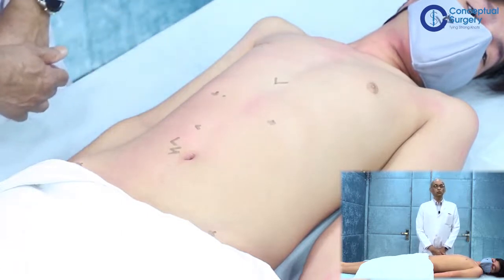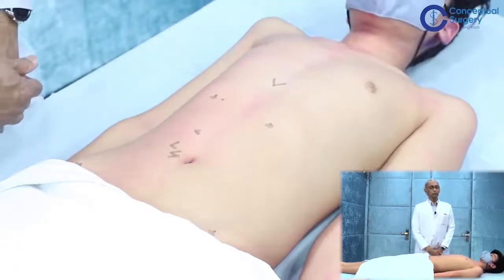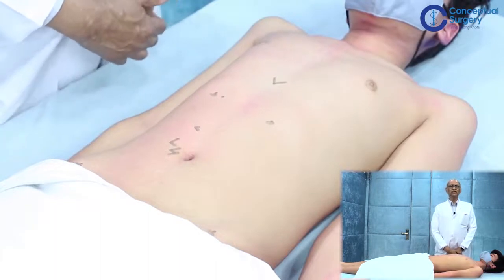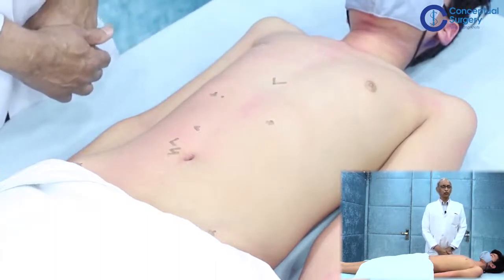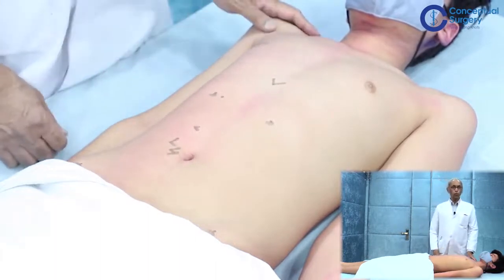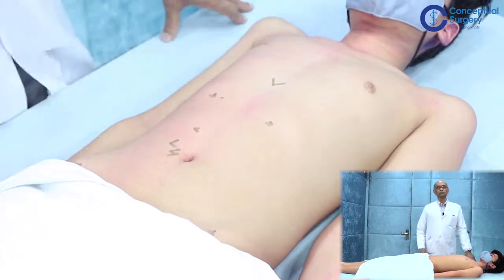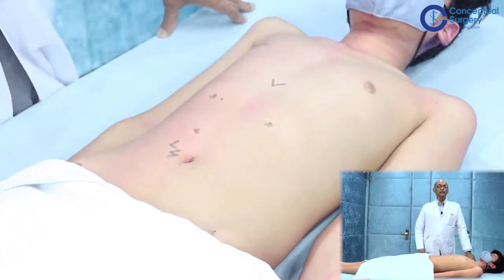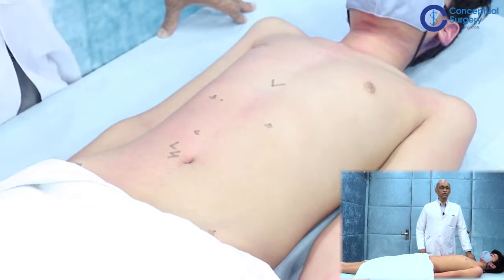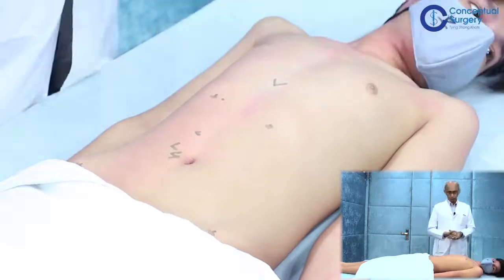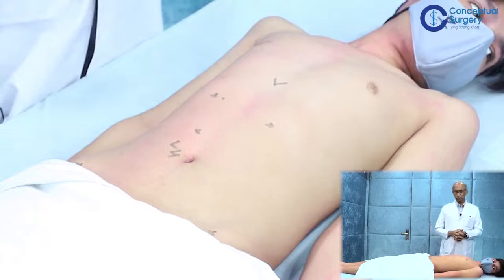I am giving you two examples. And somebody who presents at roughly the same time can also harbor a polycystic kidney disease. Now, this boy here, for example, is a boy of 14, 15 years, and he can also have an early onset polycystic kidney disease.